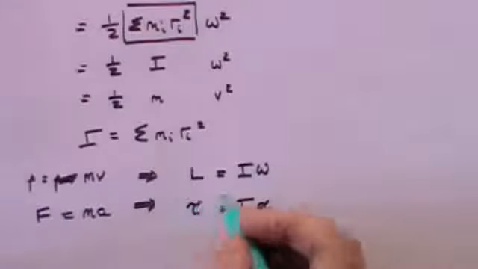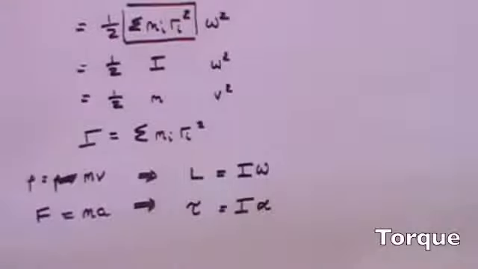And when you multiply the moment of inertia by the angular acceleration, you get something that is the rotational equivalent of force, and that is called a torque. Now, if a torque, which is represented by the letter tau, is equal to I alpha, alpha, of course, is the rate of change of angular velocity. So tau is actually equal to I times the rate of change of angular velocity, which is d omega by dt.